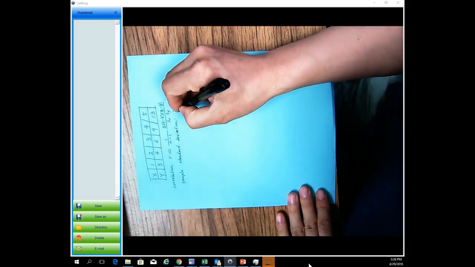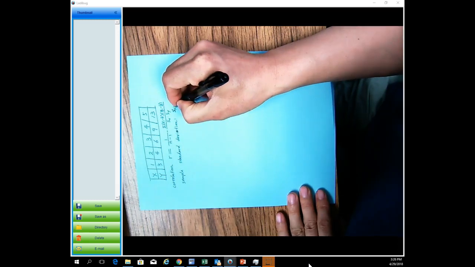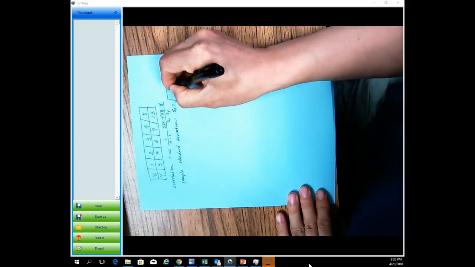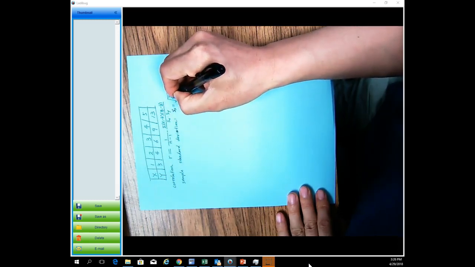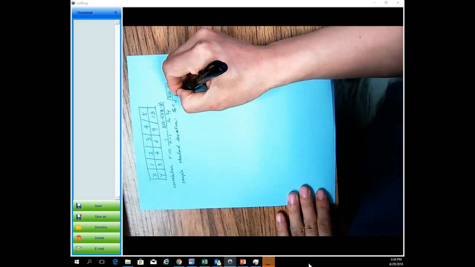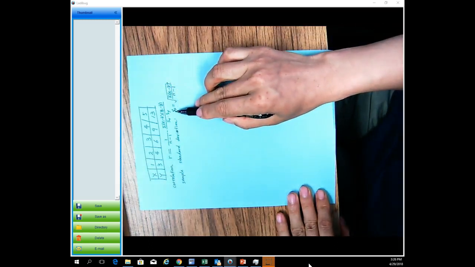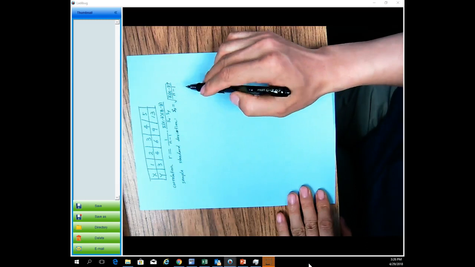From the previous module, we learned the sample standard deviation has a formula of the square root of the summation of xi minus x bar squared divided by n minus 1. Basically, that's the standard deviation for variable x.